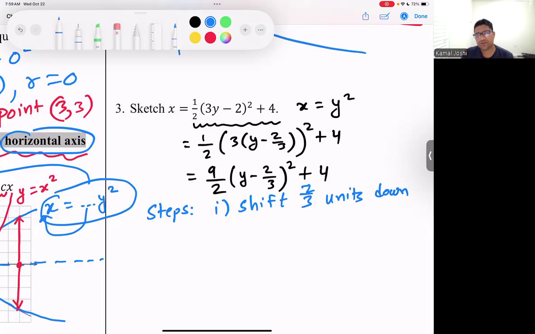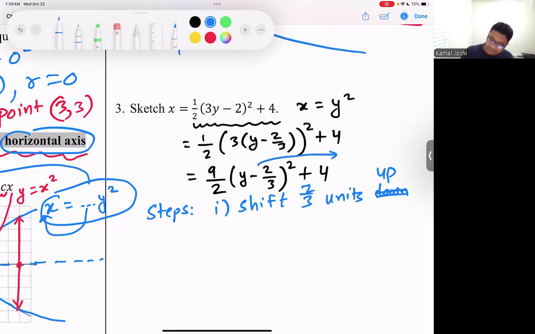Okay, I just want to make sure that I'm saying this correctly. Should I say down or up? To get the same 0 for x, I should go to 2 over 3. I'm sorry, not down. The logic applies up. Let me explain this way. Why should I say it should be 2 over 3 units up?